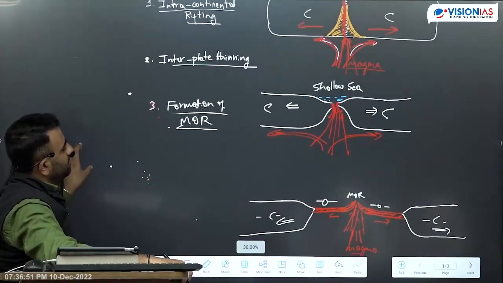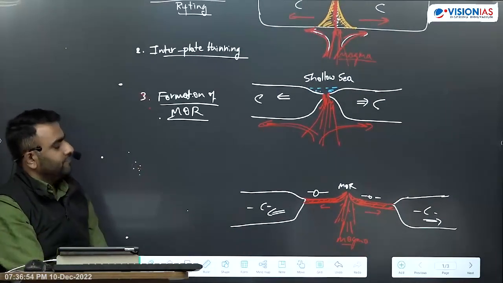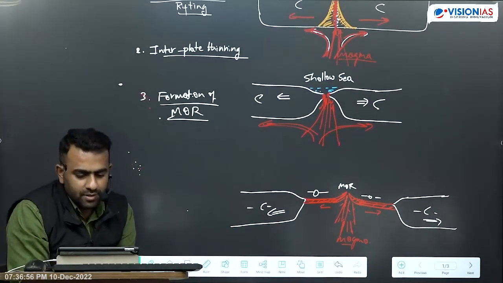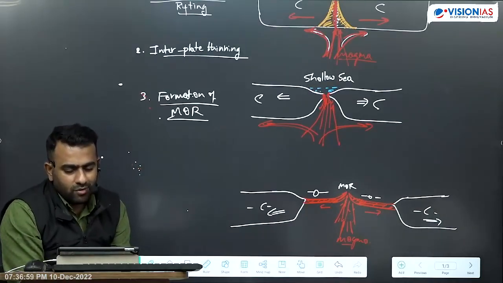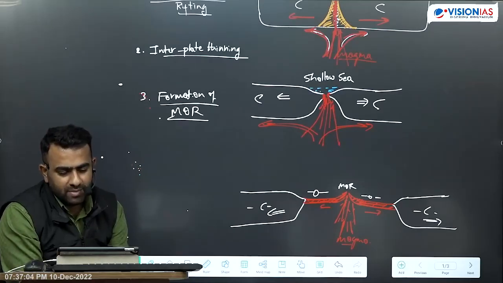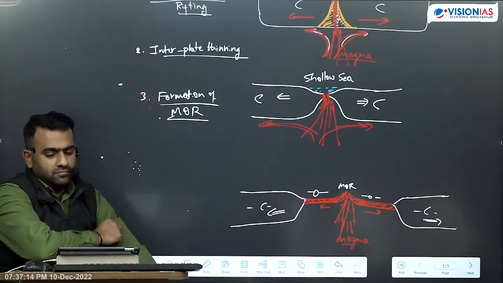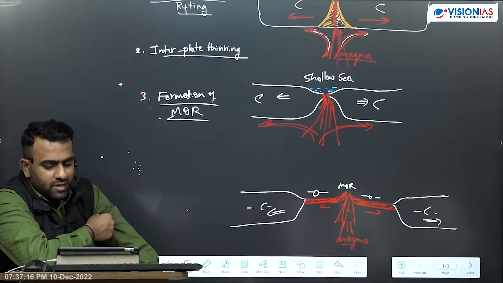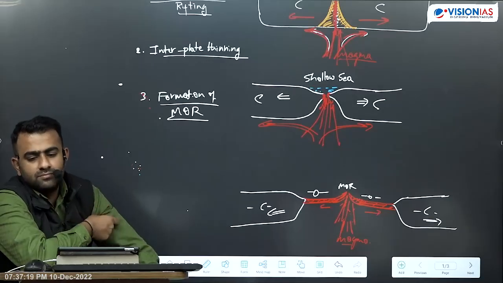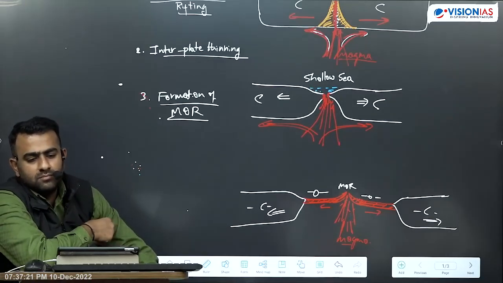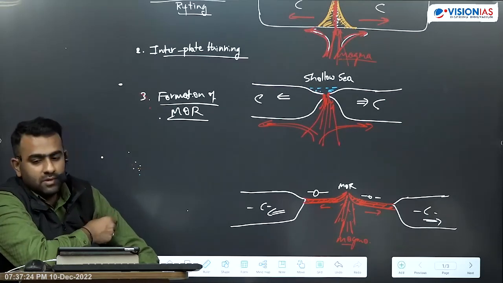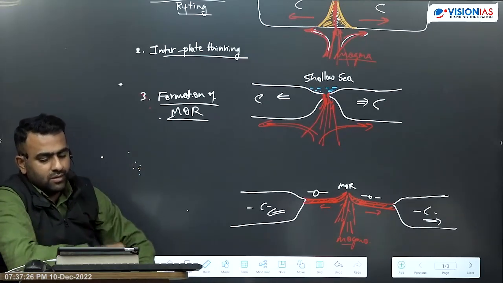Second, interplate thinning. First point, it involves partial melting of lithosphere and gradual thinning of continental crust.